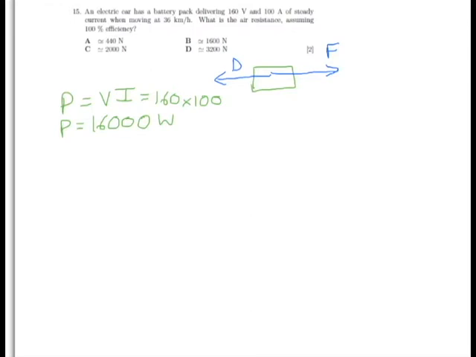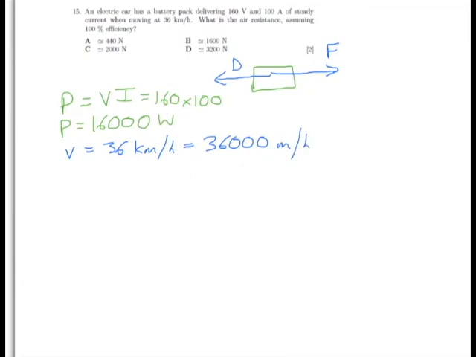One thing to note here is that our velocity is in a non-SI unit of kilometers per hour, so let's convert that to meters per second. So V equals 36 kilometers per hour, which is going to be the same as saying 36,000 meters per hour.